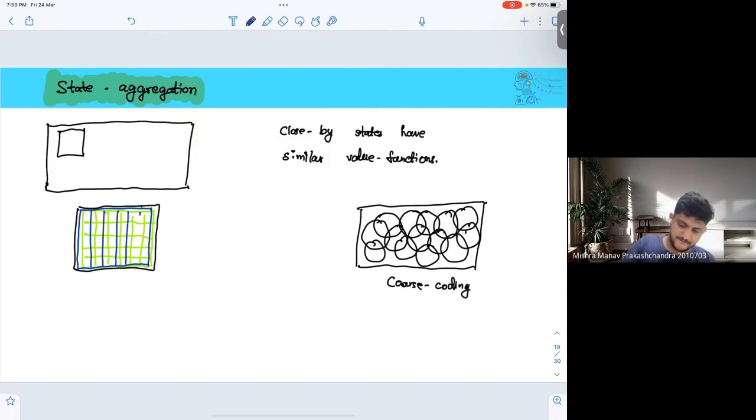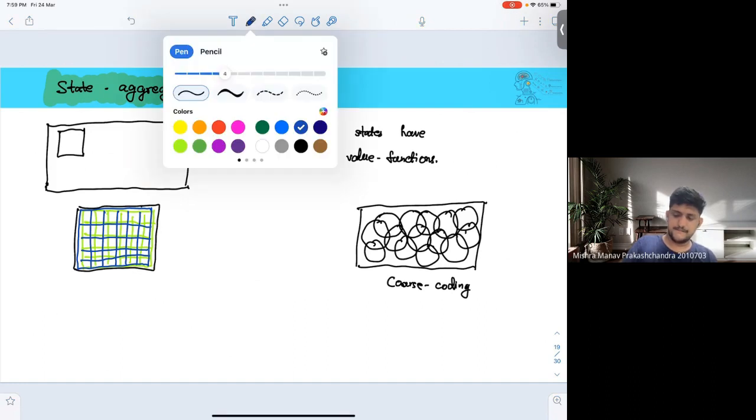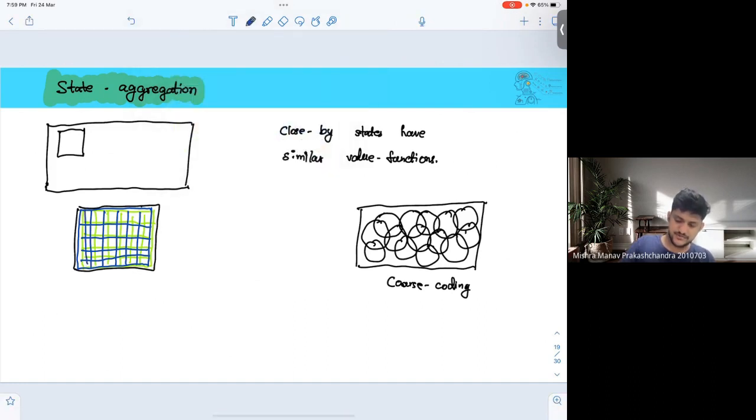Third, one more tile representation. So the idea is more number of tiles means better overlap and more number of updates that I can make to a particular state over here, right? So this kind of state aggregation method is known as tile coding.